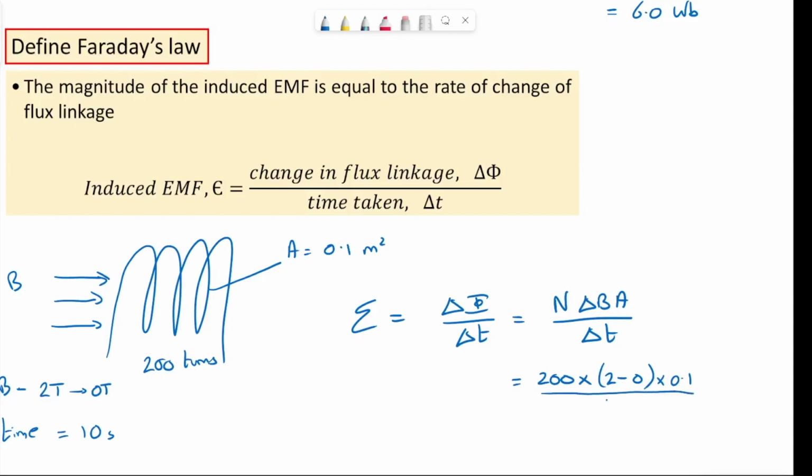Total time taken, delta t, is 10 seconds. Putting numbers in our calculator, we have 400 times 0.1, which is 40, divided by 10. That will give us an EMF of 4 volts.